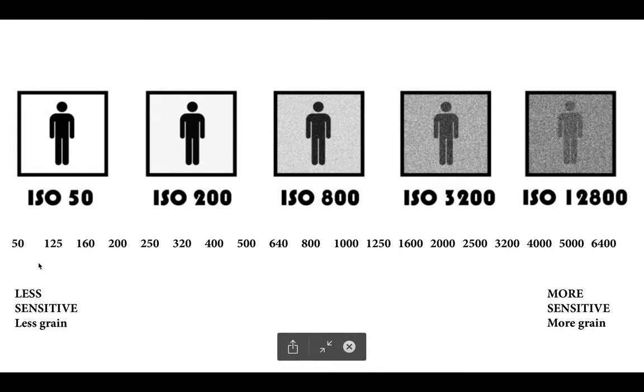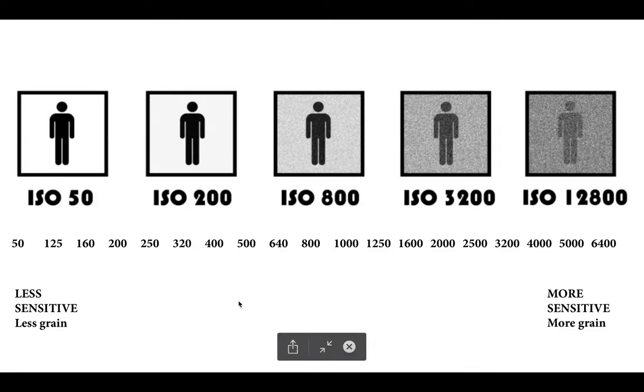In ISO, we go from things like 50 or 125 all the way up to things like 3200 or 6400. Down on the left-hand side here, these lower numbers mean less sensitivity, and these higher numbers mean more light sensitivity. So when you're shooting in darker situations, these higher ISO numbers mean that you can use a fast shutter speed or a relatively small aperture. Because you're so sensitive to light, it doesn't take a whole lot.